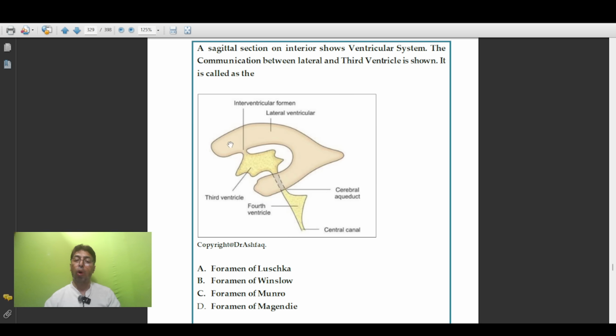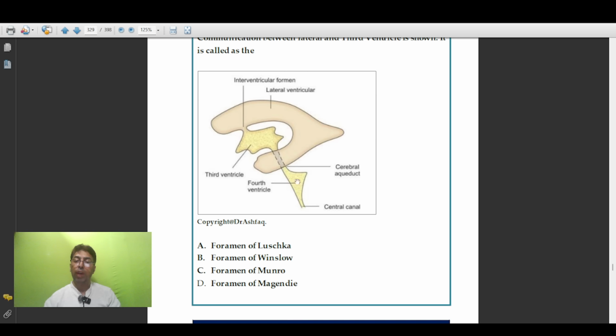So the CSF, which is found major activity of it in the lateral ventricle circulates to the third ventricle through the interventricular foramen of Monro, and from the third ventricle the CSF goes down into the fourth ventricle, which is a space over here between the cerebellum behind and the pons and the medulla in front.